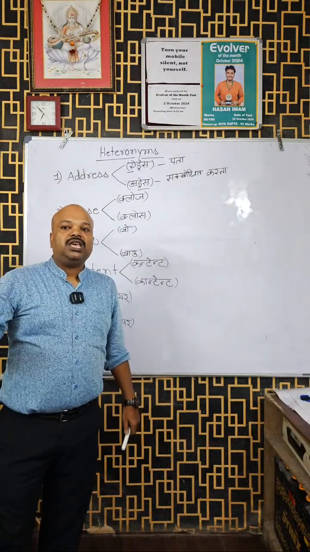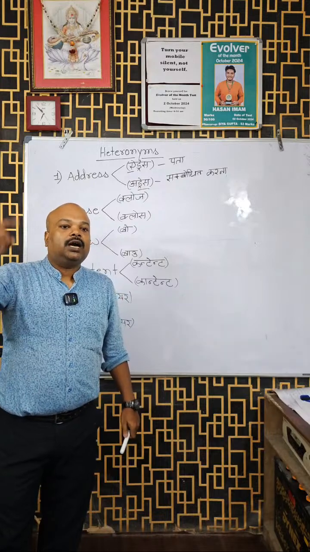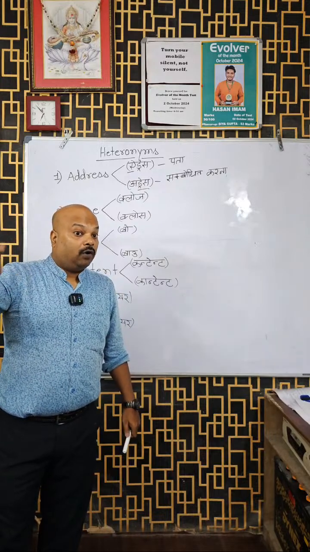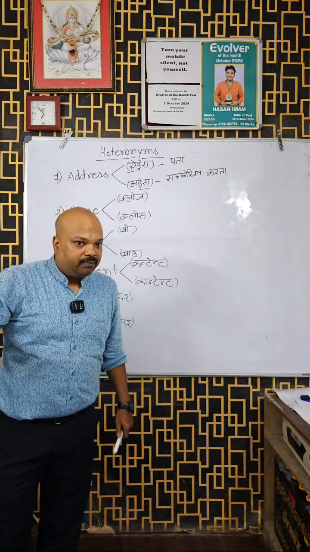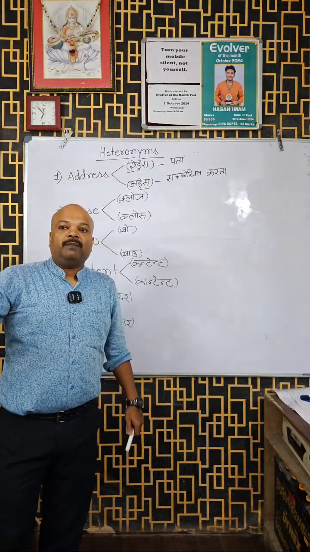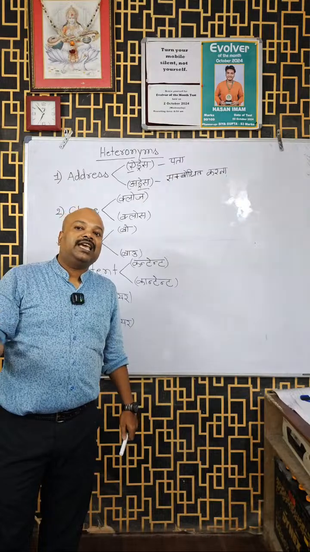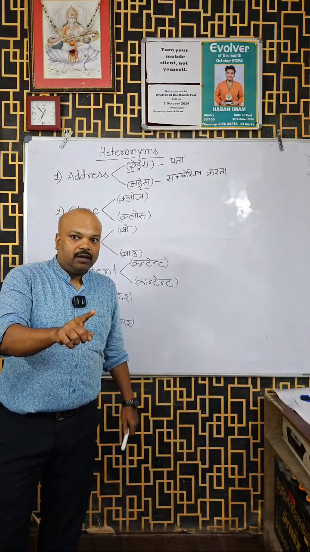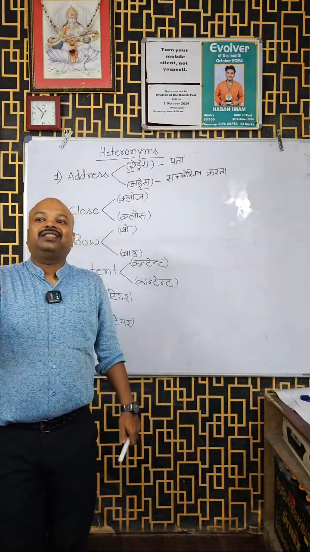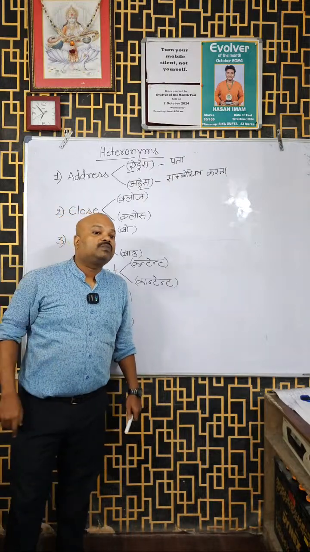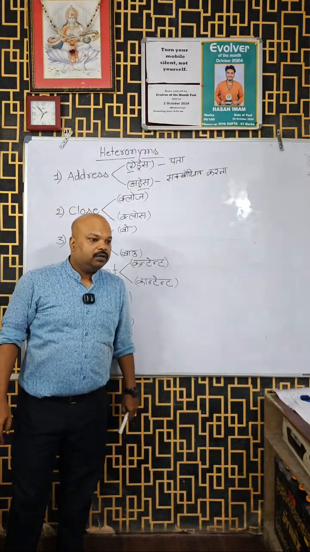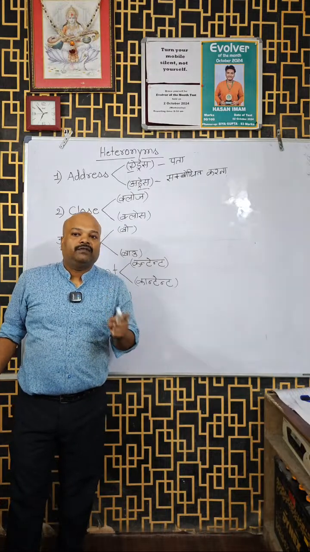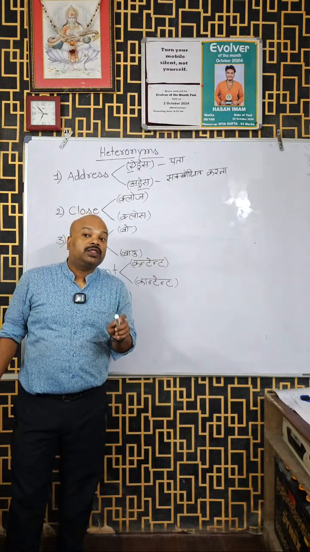Eve, E-V-E, eve. Here, eve means a day before. On the eve of Independence Day, मतलब कि on the eve of Independence Day means Independence Day के एक दिन पहले. E-V-E, eve का मतलब एक होता है एक दिन पहले. आपने सुना होगा Christmas Eve, New Year's Eve. मतलब Christmas Eve is 24th of December, New Year's Eve is 31st of December.